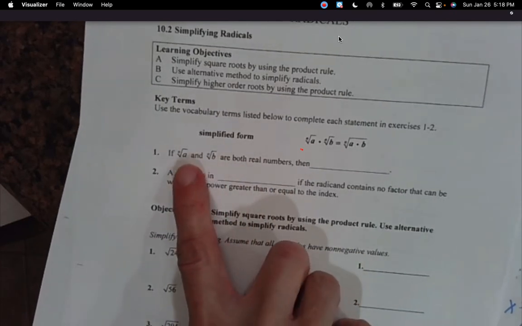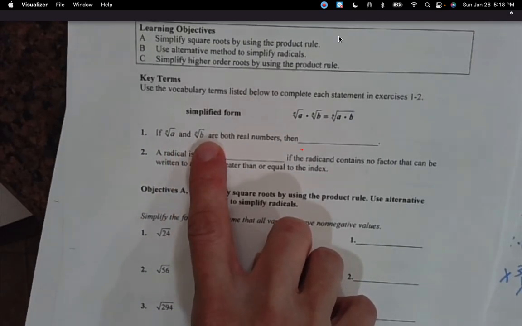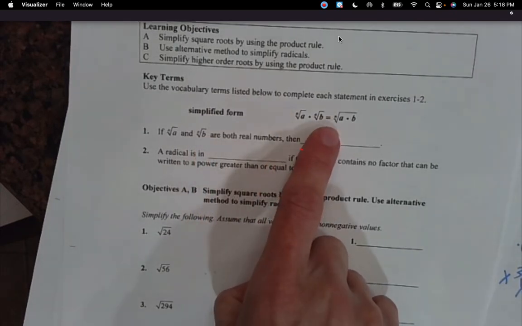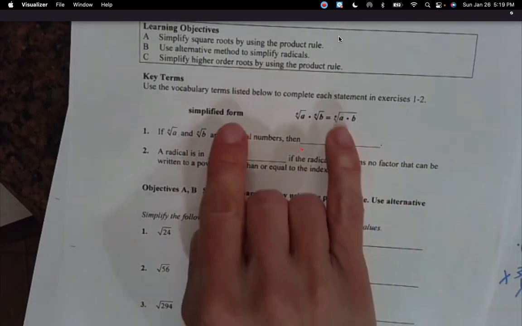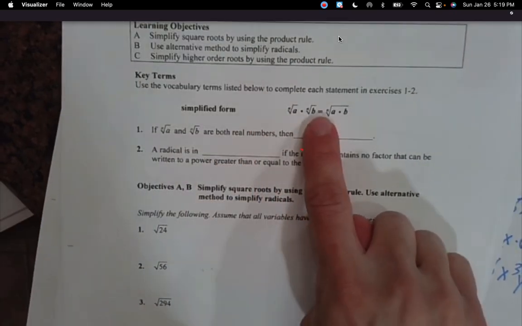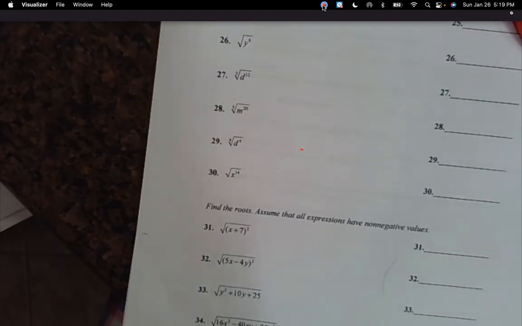And I believe on this one, it just says if both of these are real numbers, then just bring that one down. These are your two answer choices. So you should have been able to figure that one out on your own. But this one is simplified form, so this one you just bring it down. Okay, so that is all for today. When you get done with that, you can turn it in. All right.